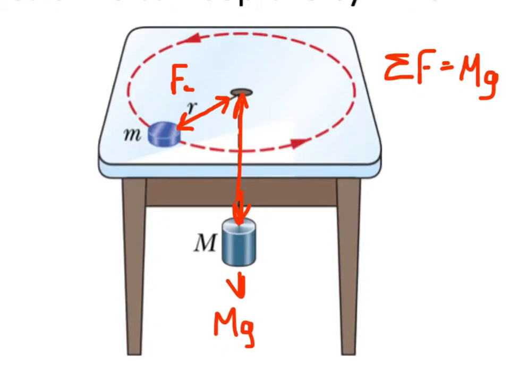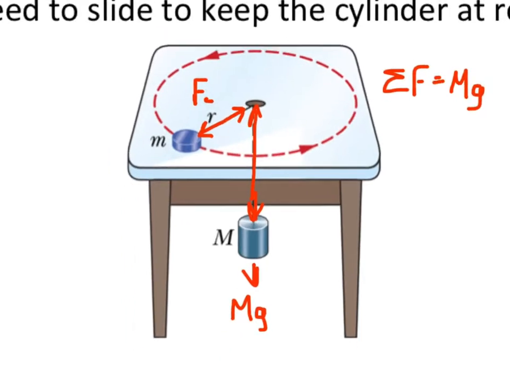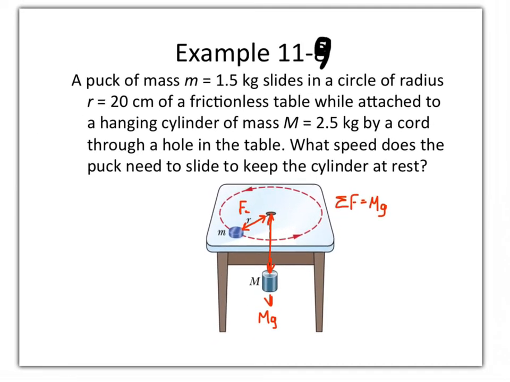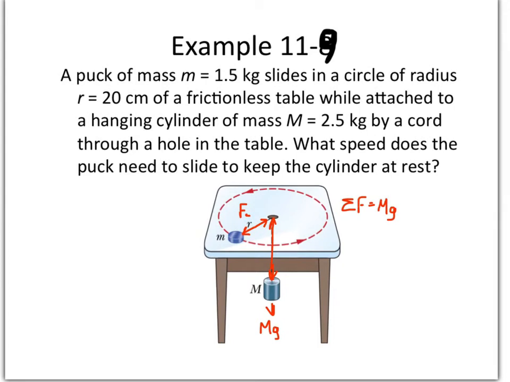Why? What's the significance of that? Let me shrink this back down a little bit more. What speed does the puck need to slide at in order to keep the cylinder at rest? Well, that means that the downward pull of gravity has to be balanced out by the upward pull of tension. So there's just the right amount of tension in this such that it equals this capital Mg right here.